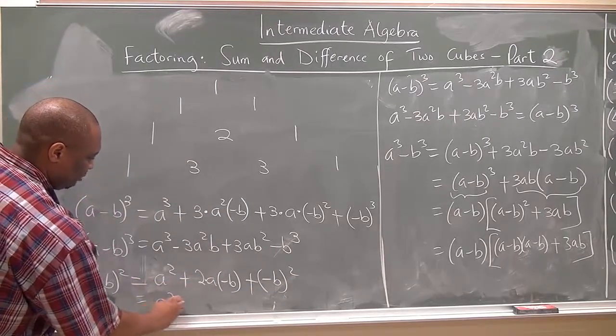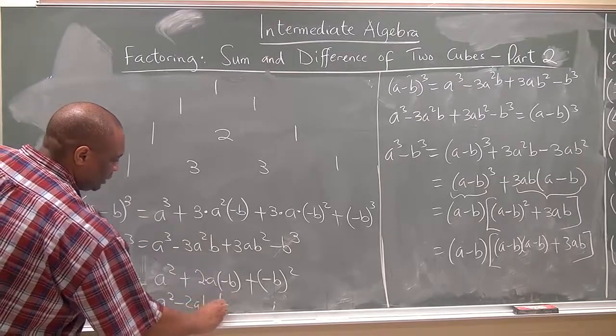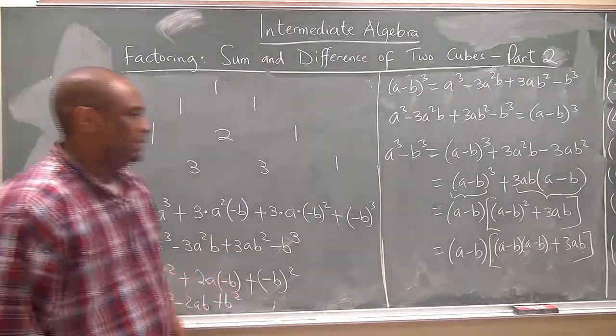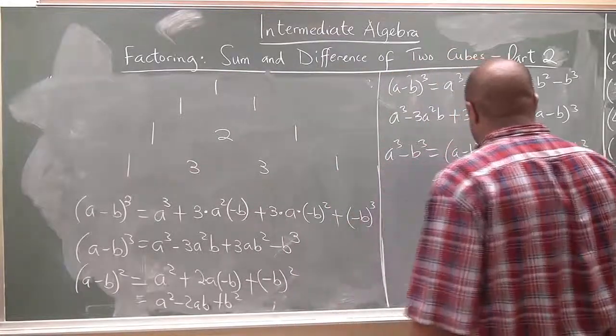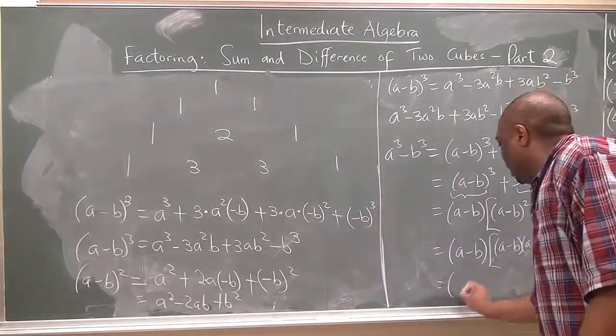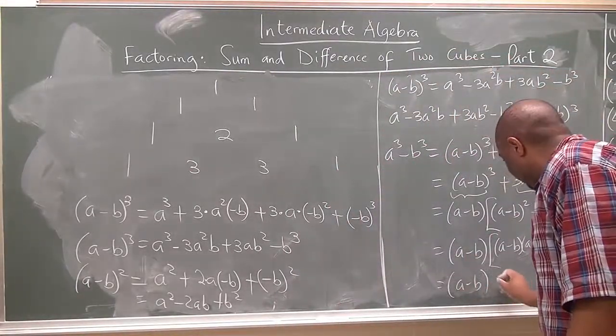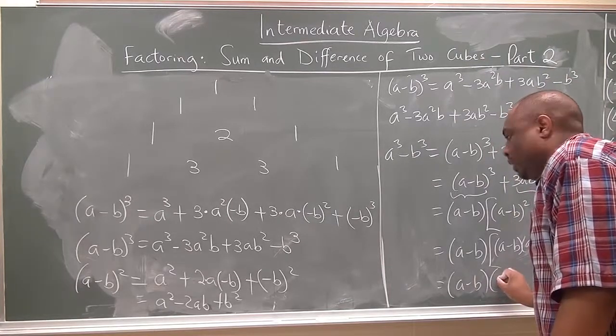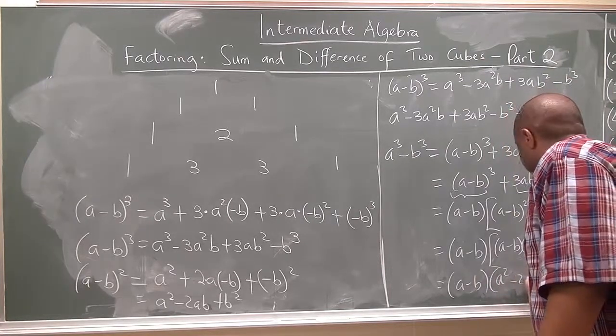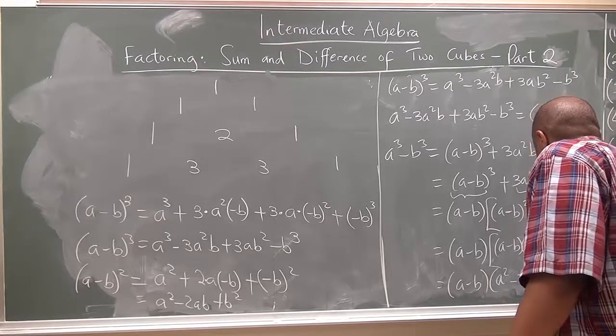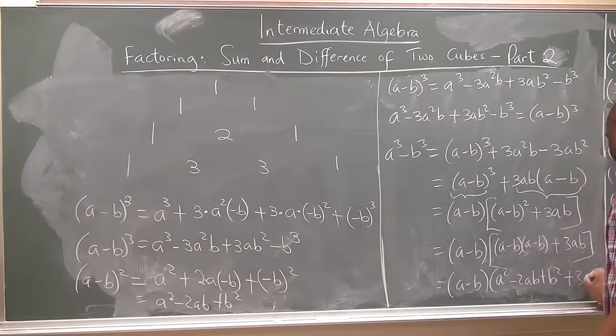This is a squared minus 2ab plus b squared. That's what it is. So this is now a minus b times a squared minus 2ab plus b squared, then plus 3ab, right?